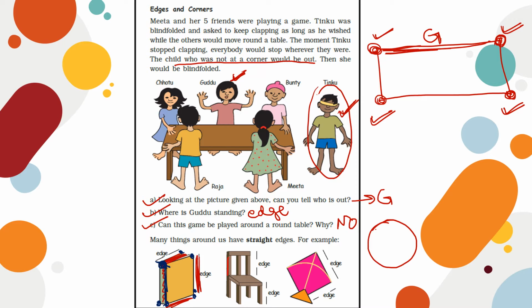Similarly, edge, edge, edge, edge, okay, edge, corners 1, 2, 3, 4. Okay, corners 1, 2, 3 and edge. All these are straight edges.